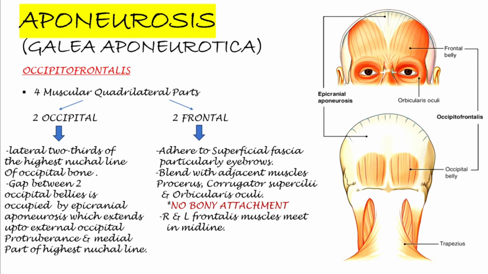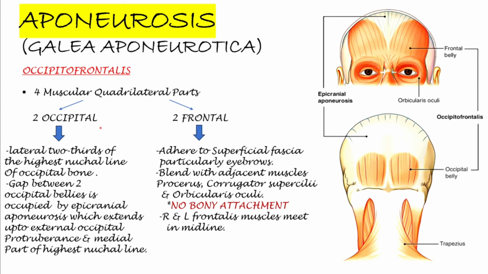The third layer of scalp is aponeurosis or galea aponeurotica. It has the occipitofrontalis muscle. The occipitofrontalis muscle is made up of four muscular quadrilateral parts, two frontal bellies and two occipital bellies. Let's discuss each attachment clearly.